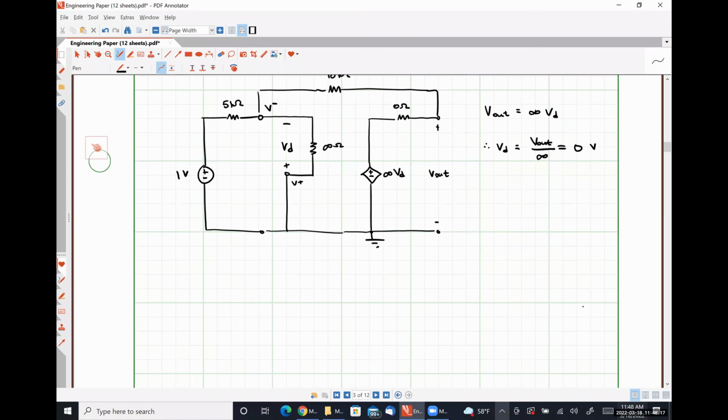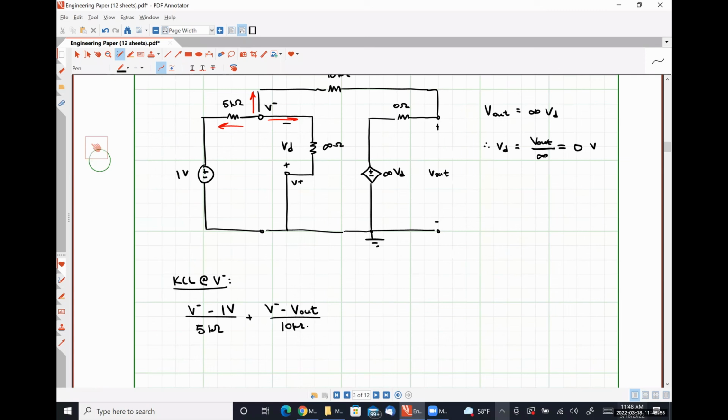Now, we can apply Kirchhoff's current law at our inverting input node and find, so this is KCL at V minus, that V minus minus 1 volt over 5 kilo ohms plus V minus minus V out over 10 kiloohms plus V minus over infinity ohms is equal to 0.